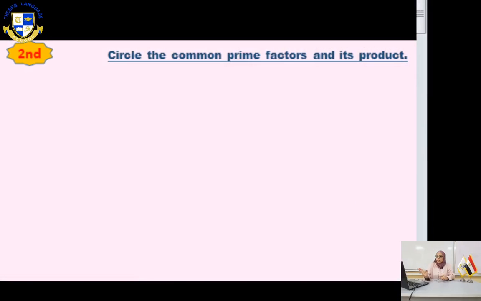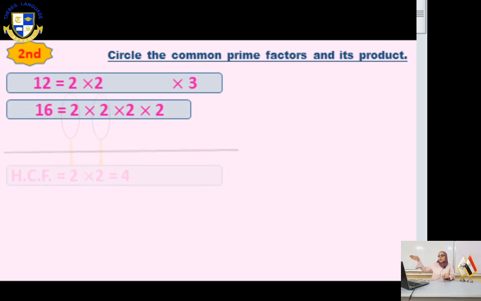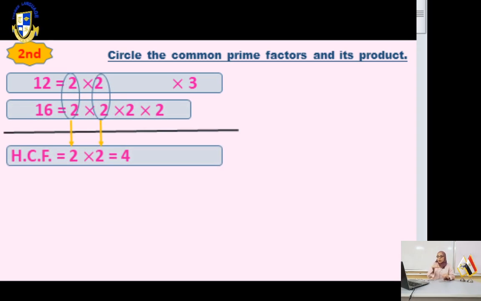When we factorize 16, we get its prime factors, 2 times 2 times 2 times 2. But the 3 in the 12, we must write at last because we don't have 3 in the factors of 16. We can't write 3 and under it 2. We must write all the same factors under each other.